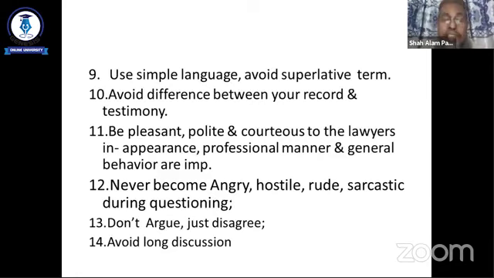This skill is important, and some doctors, whenever they have to face this, may be frightened or anxious. But if you go to the court and prepare yourself, you will find it informative.